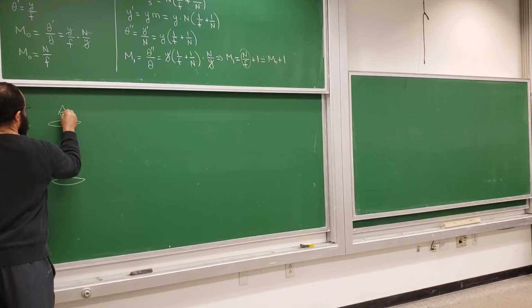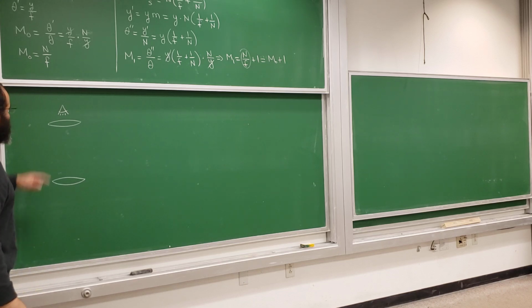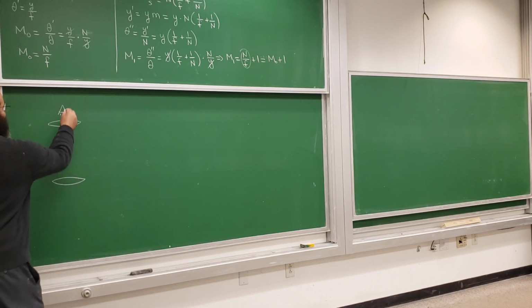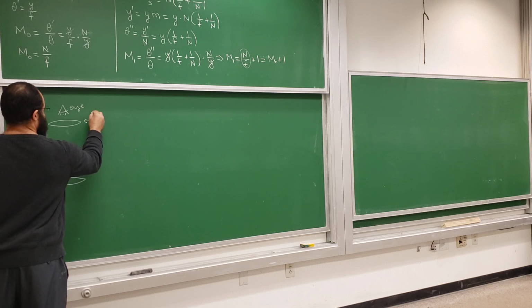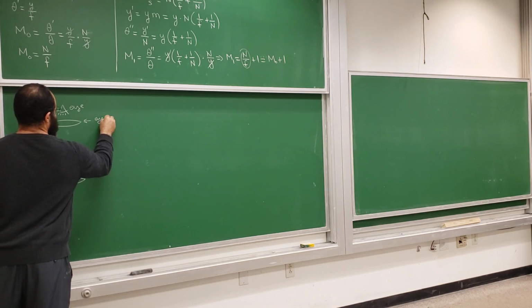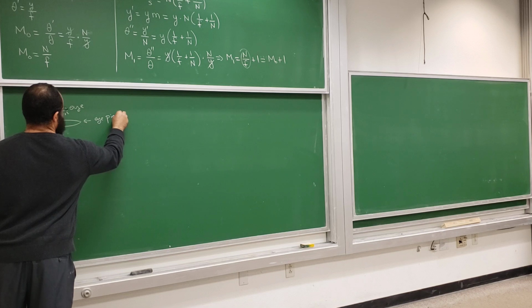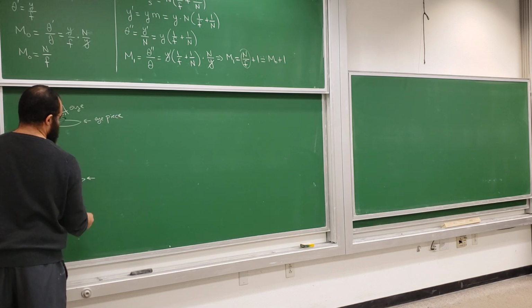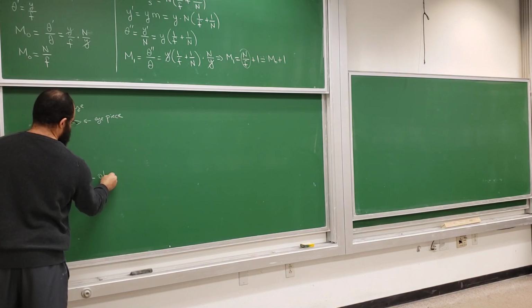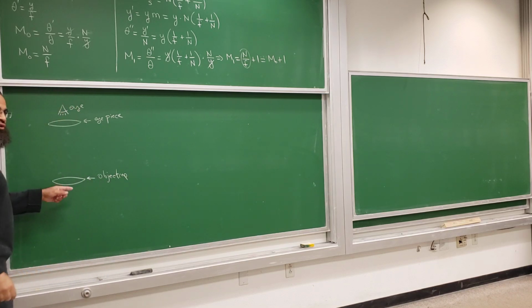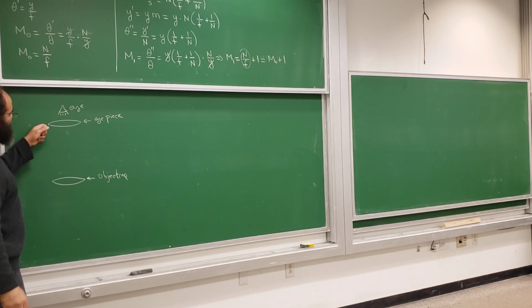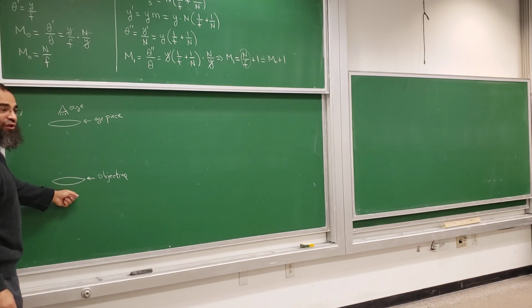This is the person's eye, looking. This is called the eyepiece because it's the one next to the eye. And this one is the objective. This lens is called the objective, the one near the object.